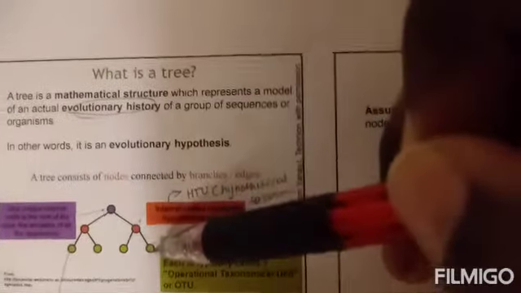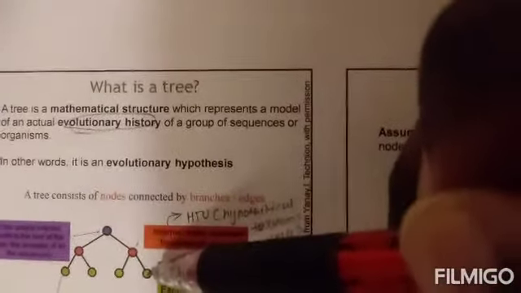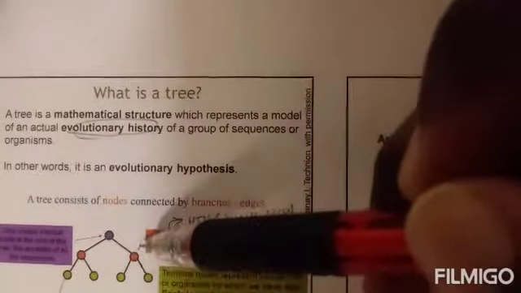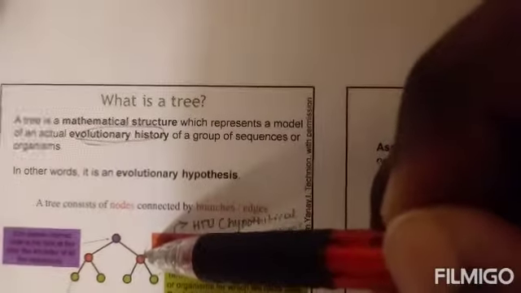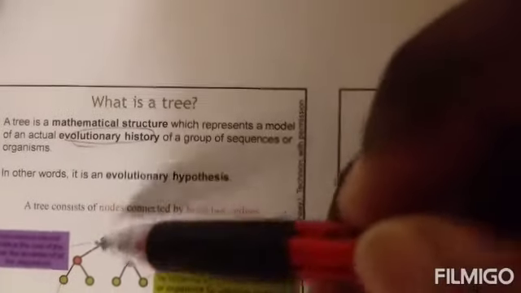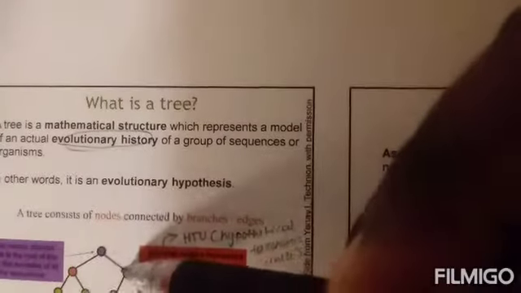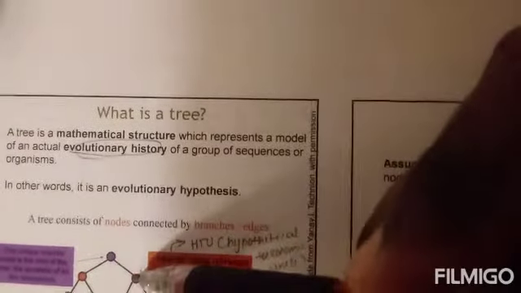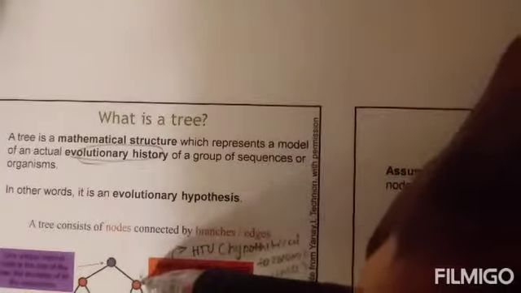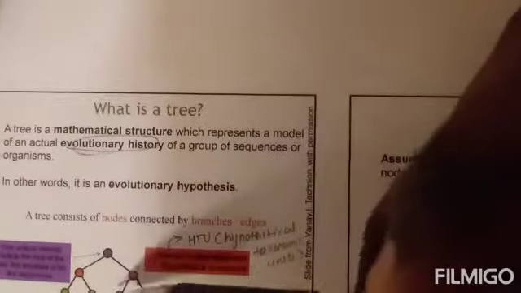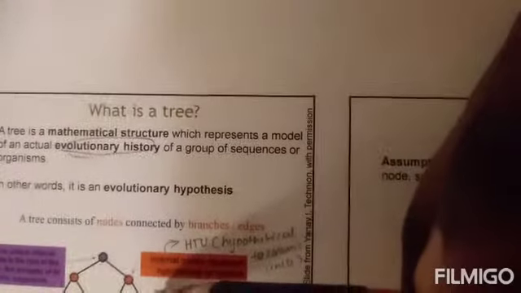These are called operational taxonomic units, and these are called hypothetical taxonomic units. I'll repeat it again. This is an internal node which is called the root, and this is a common ancestor, and these two are the hypothetical ancestors, which are referred to as hypothetical taxonomic units, and these are referred to as operational taxonomic units.